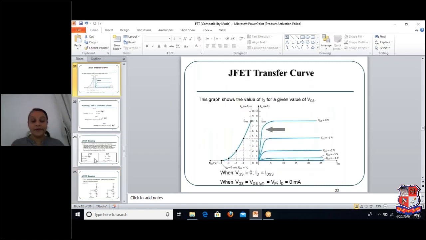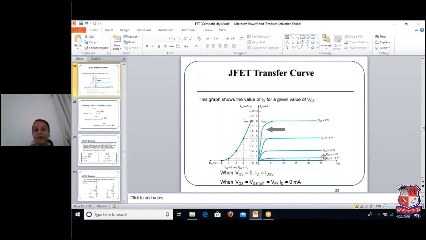So this is your graph. In the graph we discuss both characteristics. The left side is known as the transfer characteristics and the right side is known as the drain characteristics for the different points. For the different points you get the voltages and draw the slope.